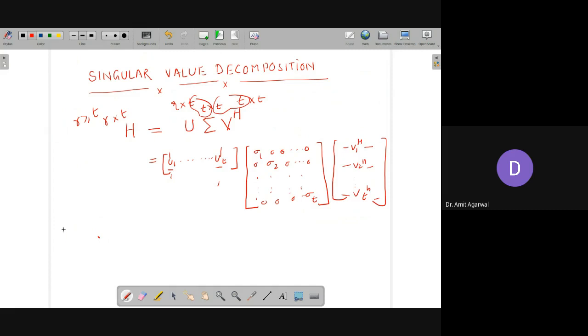What are the properties of each of U, sigma, and V? Properties. First, U Hermitian U is an identity matrix.